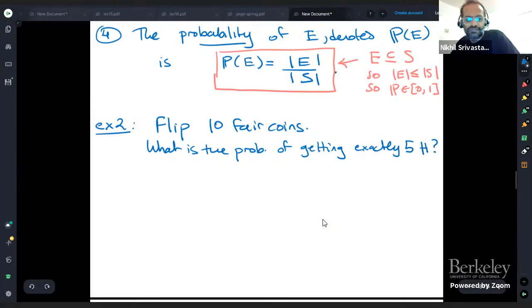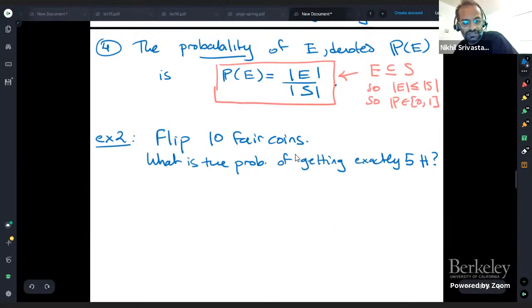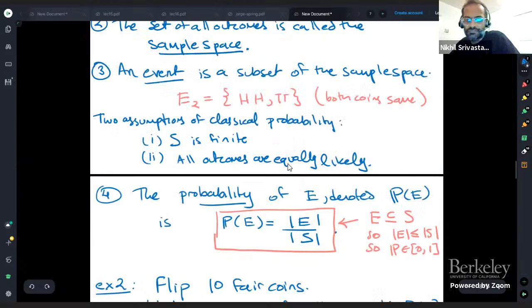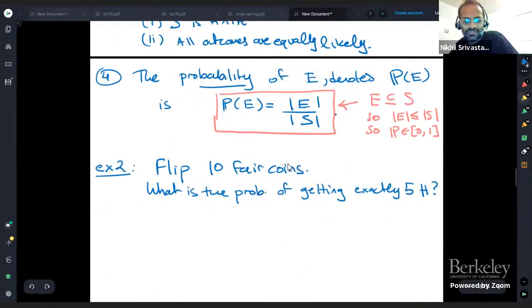So again, it's heads or tails. We're going to analyze this using this rubric here. First, what is the experiment? We are flipping 10 fair coins. This is the experiment.